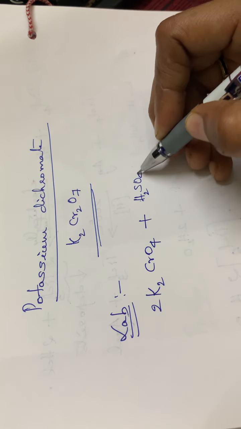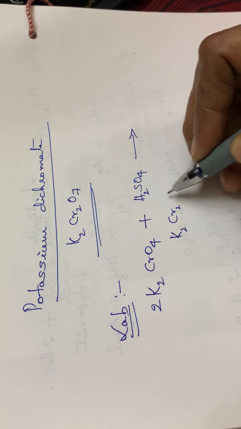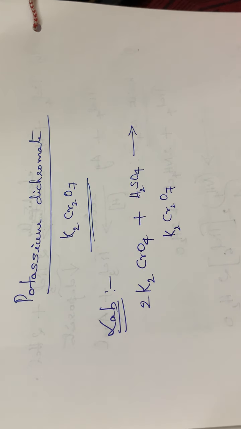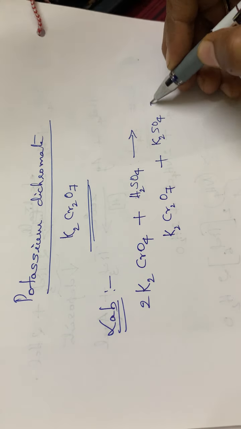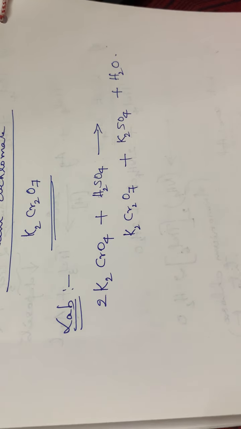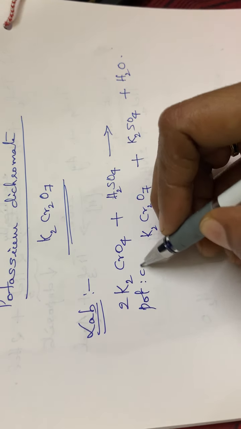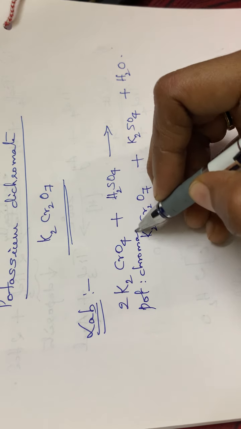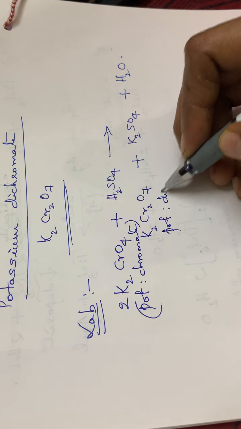Potassium chromate plus sulfuric acid H2SO4 gives K2Cr2O7, that is potassium dichromate, plus potassium sulfate K2SO4 plus H2O. So this is the laboratory method of preparation of potassium dichromate.